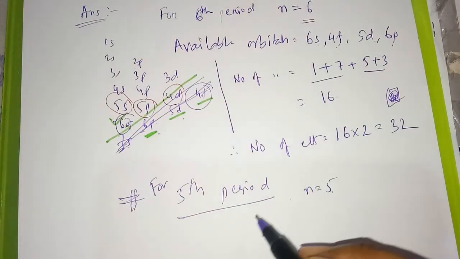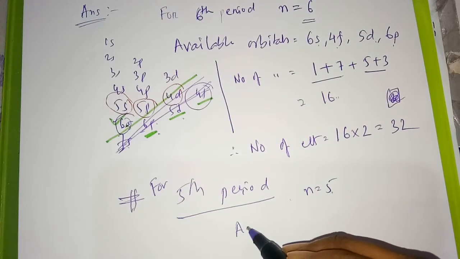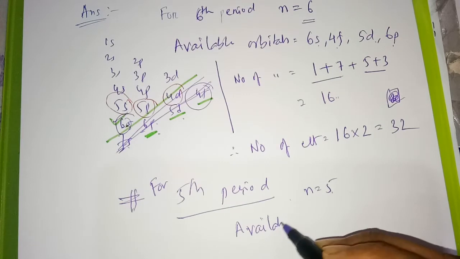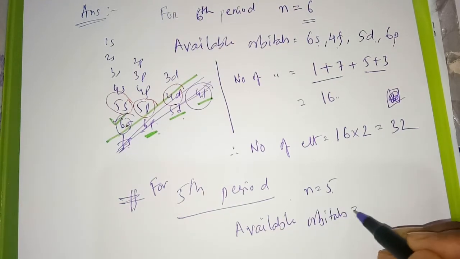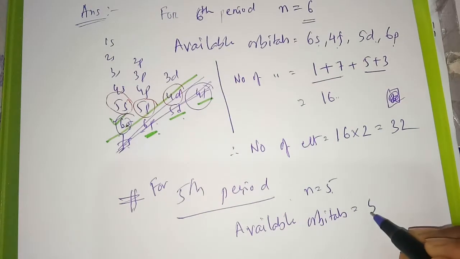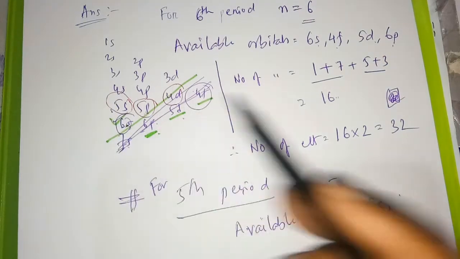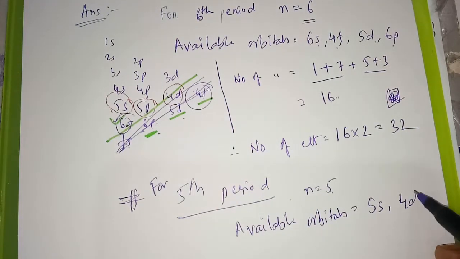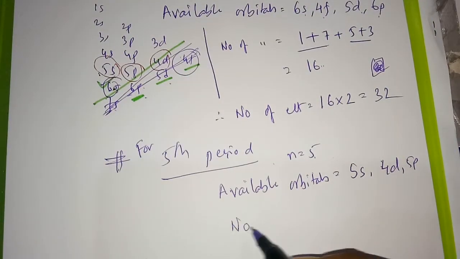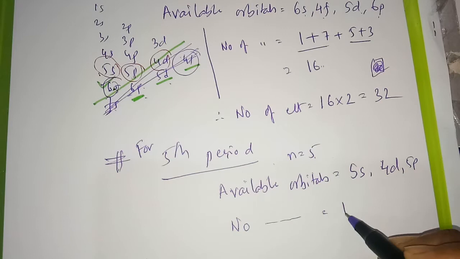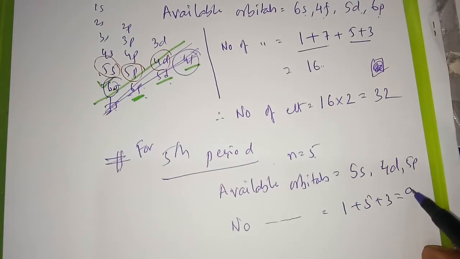So available orbitals 5s, 4d, 5p. Number of orbitals 1 plus 5 plus 3, 9.